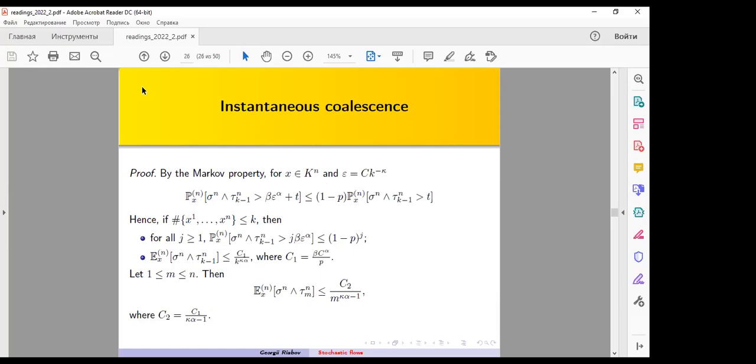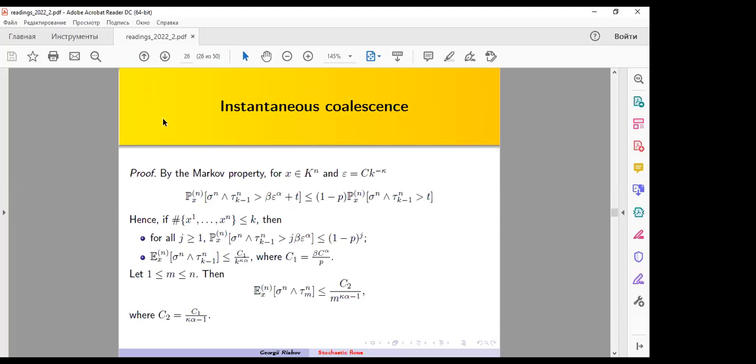Assume that we have a vector x, so it is n points, and at least k of them are different. Set epsilon to be proportional to k to the power minus kappa. Then among points x, there are two at distance at most epsilon.